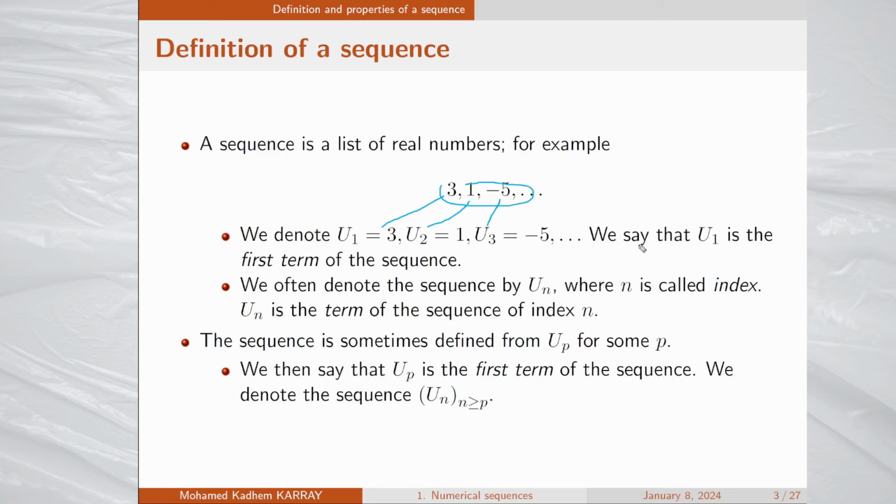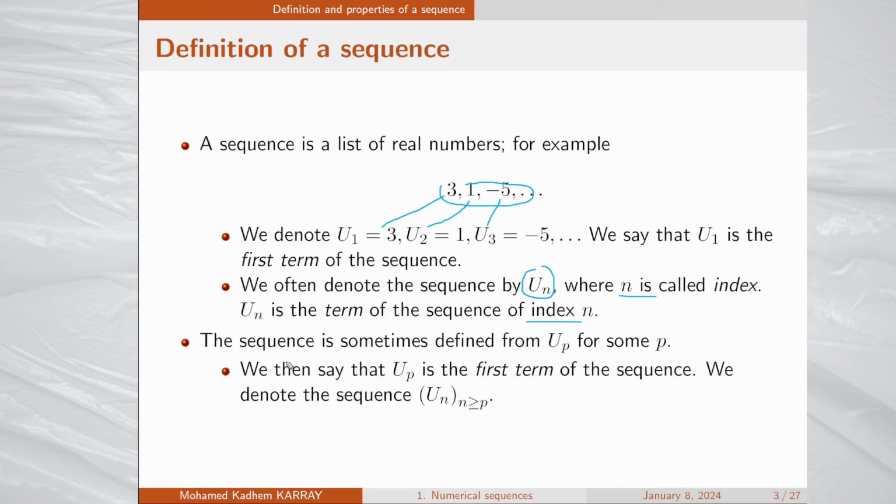And we say that U1 is the first term of the sequence. More generally, we shall denote by Un the nth term of the sequence, and we call n the index. So Un will be said to be the term of the sequence of index n.